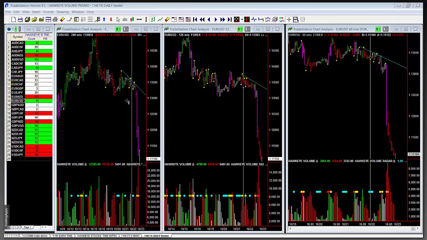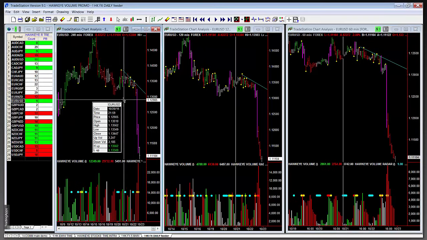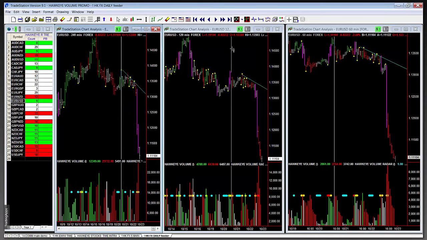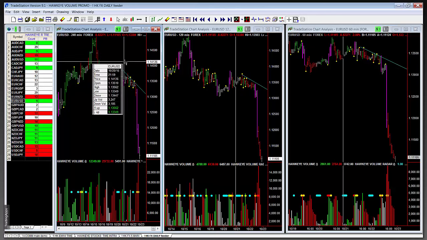Now let's just drill down a little bit so we can see that we have that came in on this area here and this area here, but we now know that that pivot high is in on red selling volume, as it was at the top here on red selling volume, pushing the market down.